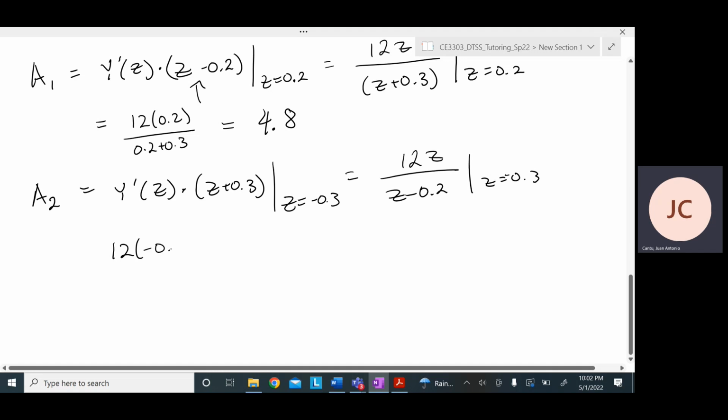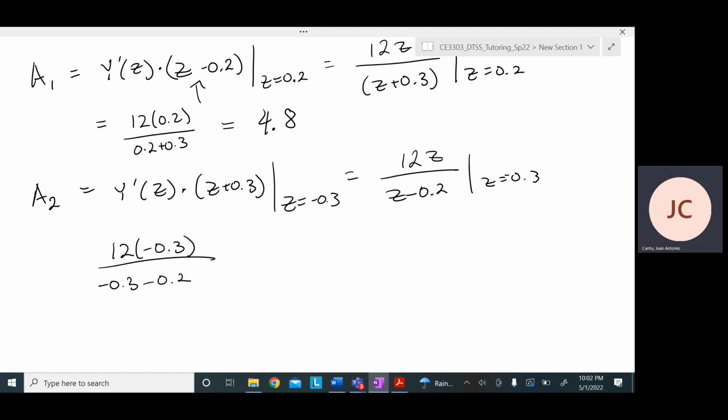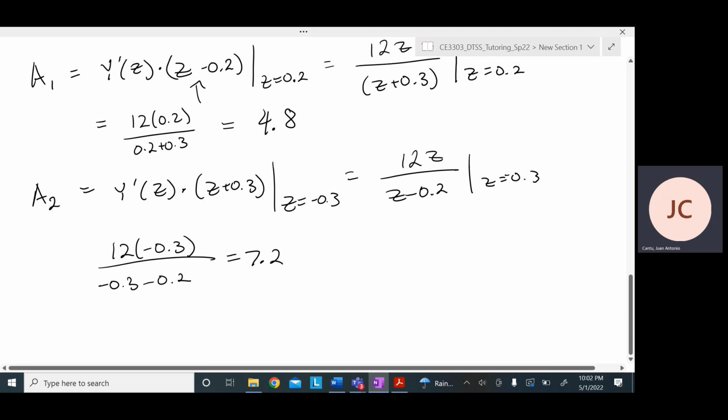So 12 times negative 0.3 over negative 0.3 minus 0.2. If we do some calculations, 12 times negative 0.3 gives us negative 3.6, divided by negative 0.5. We get 7.2. Okay.